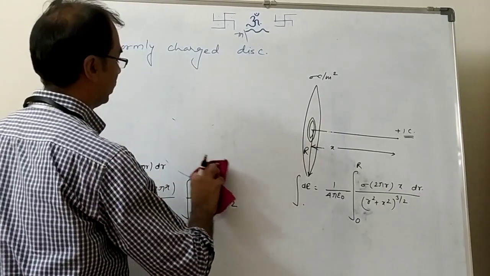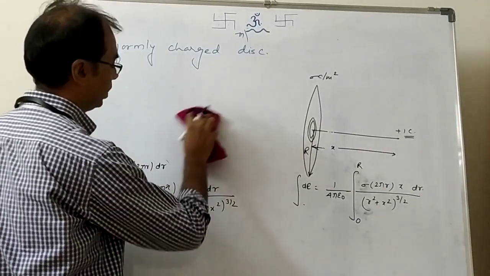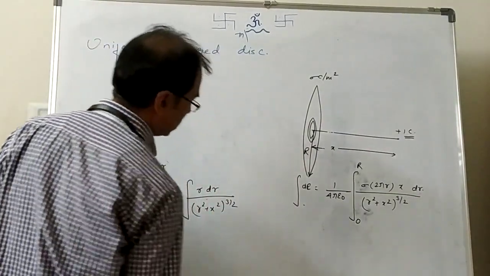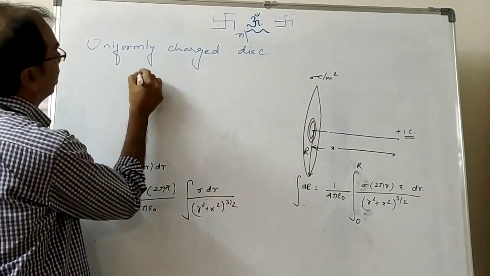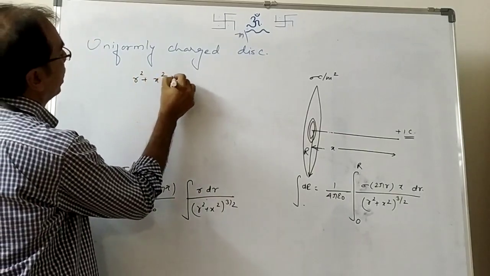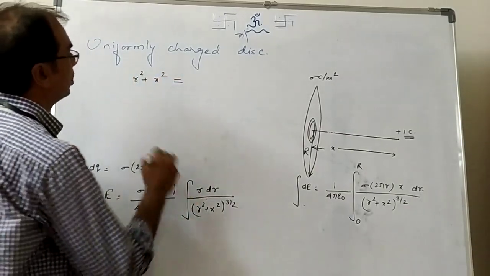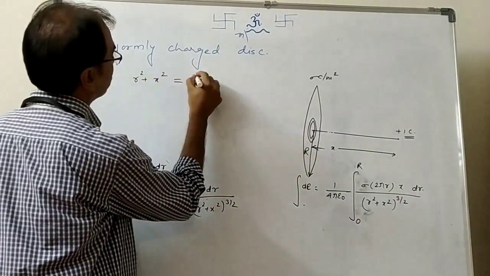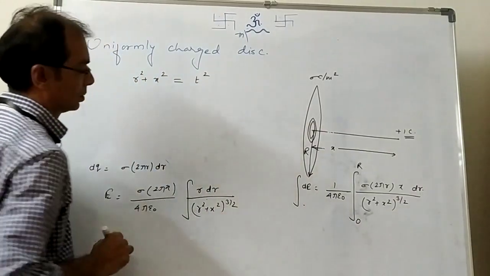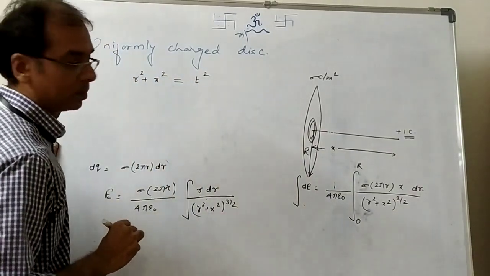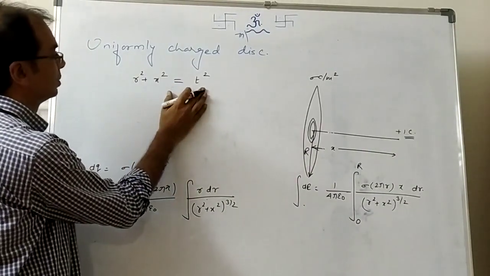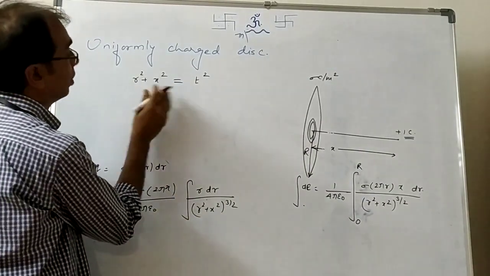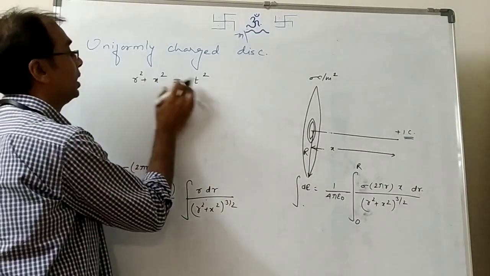This is a type of integration. What we used to do, this denominator, we'll assume r square plus x square as, let's say, t square. Then I'll differentiate this. What are the variables? r and t are variables.